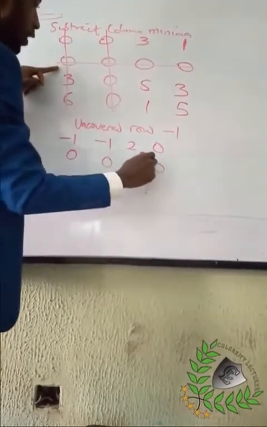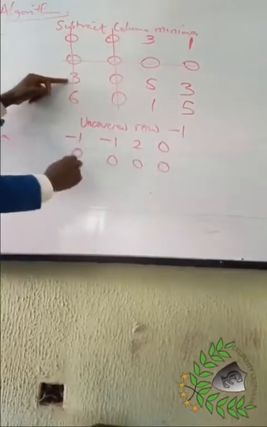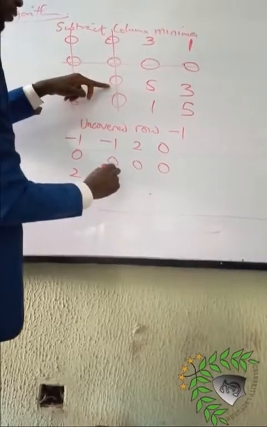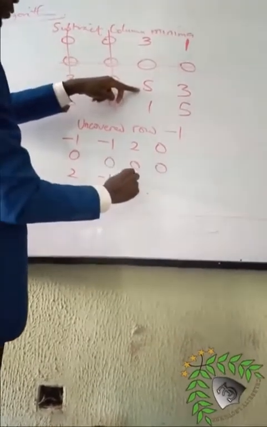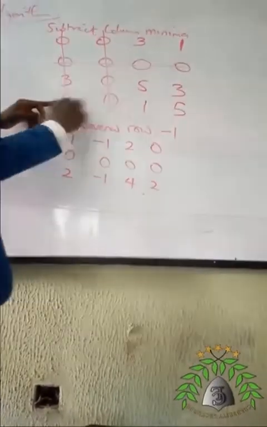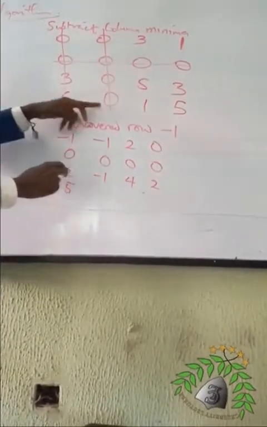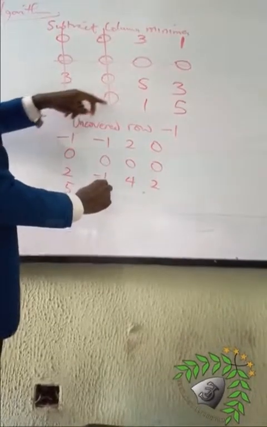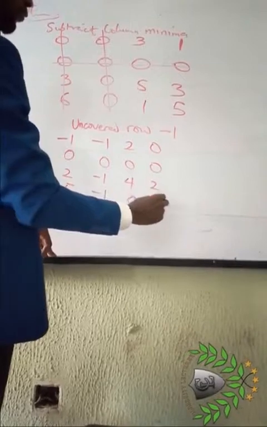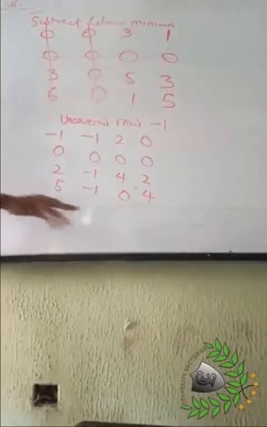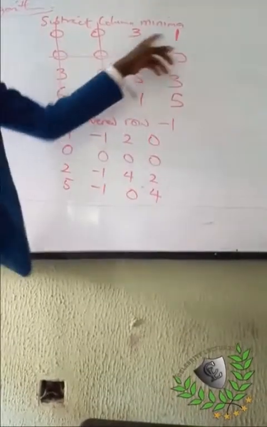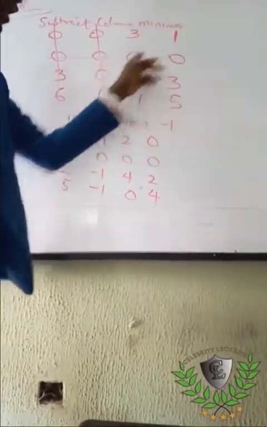I have a question. Now, when I'm done with this, after removing the lowest cost that is not covered, which is 1, from the uncovered rows, I will now add that same lowest cost, which is 1, to all covered columns.